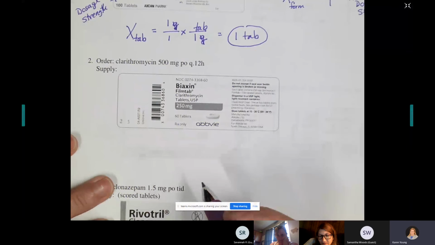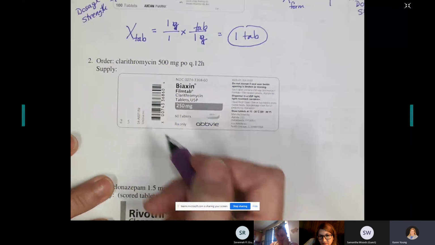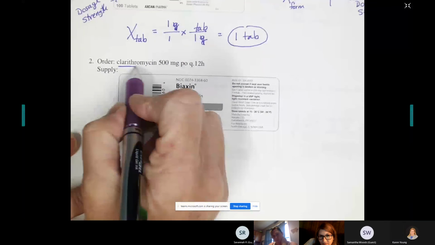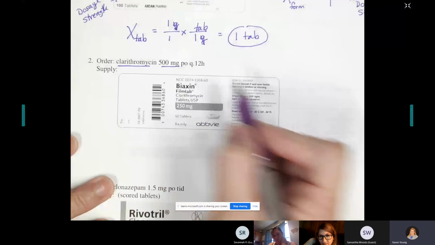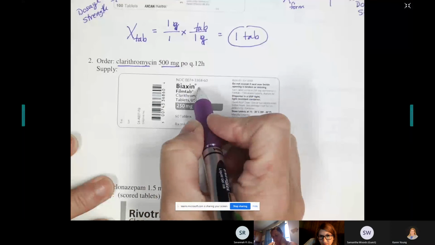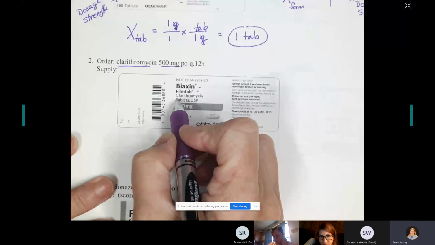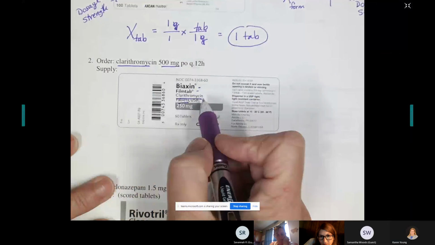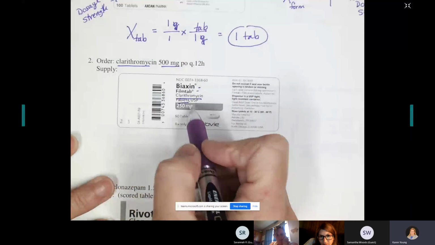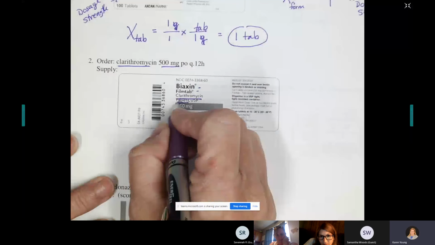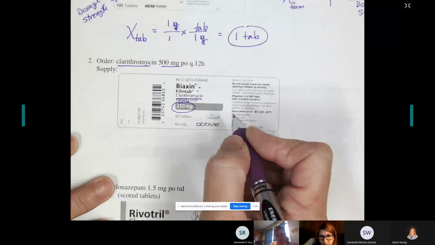All right, so if we look at number 2, we have clarithromycin, 500 milligrams. And then I've got to check my label. It's Biaxin, Filmtab, and clarithromycin tablets. So it is clarithromycin, so I can give it. I have a dosage strength of 250 milligrams, and I have a dosage form of tablets.